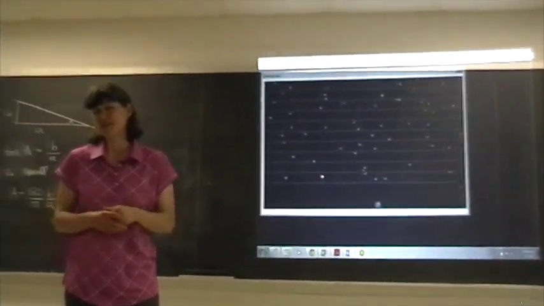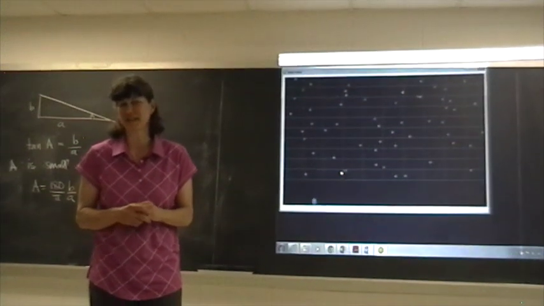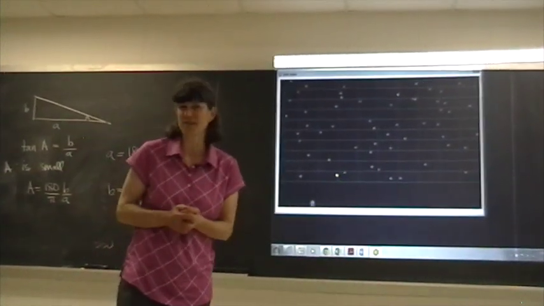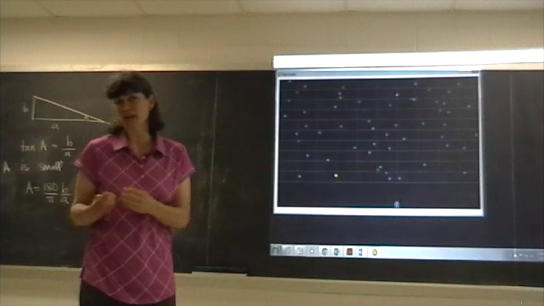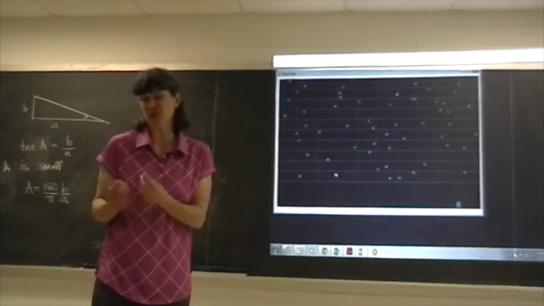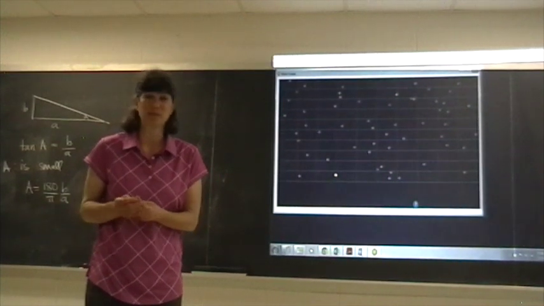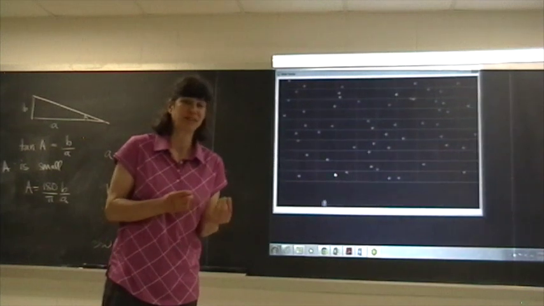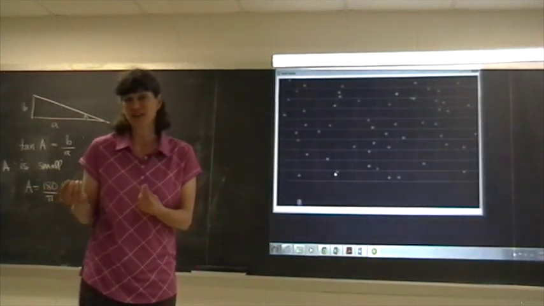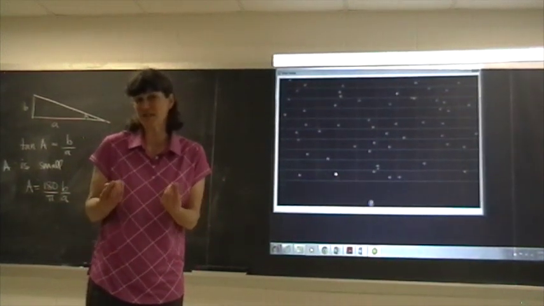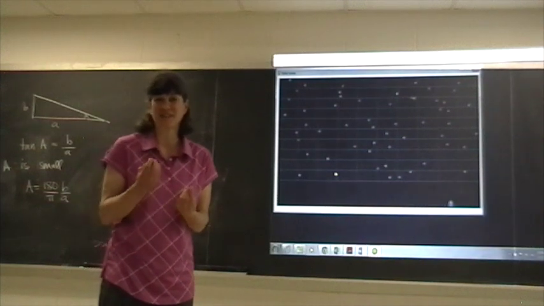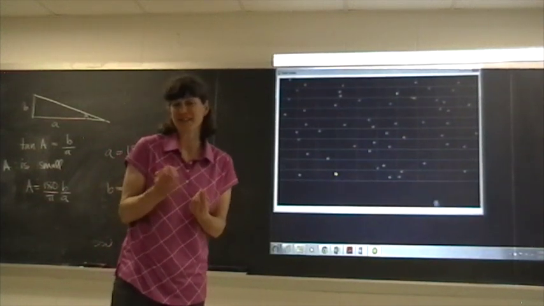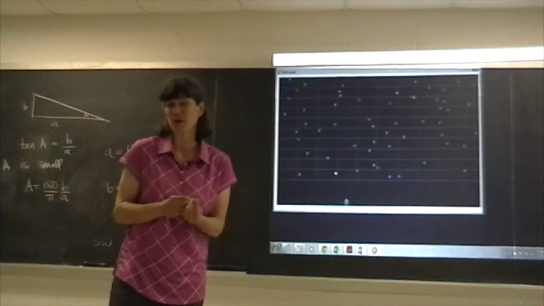I remind my students that we can measure parallax angle down to about 1/100th of an arc second. So if we're measuring a parallax angle of 0.02, it could be maybe 0.015 or 0.025, all of which seem pretty close. But if the parallax angle is actually 0.02, that corresponds to a distance of 50 parsecs.